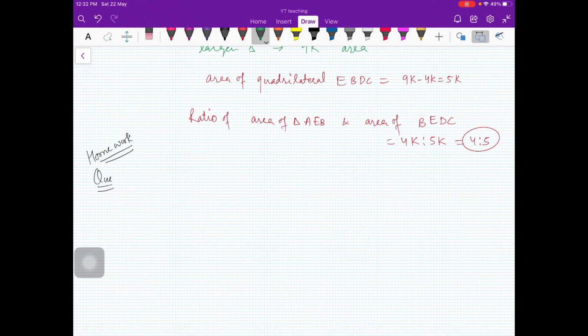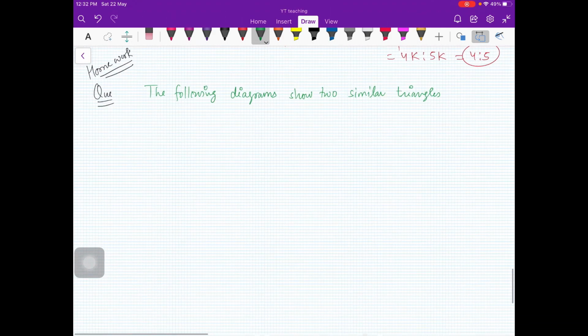Okay, so diagrams show two similar triangles. So I am already telling you that these are similar triangles. Okay, students, please, I hope everybody will do these problems, right? So I have this triangle here.